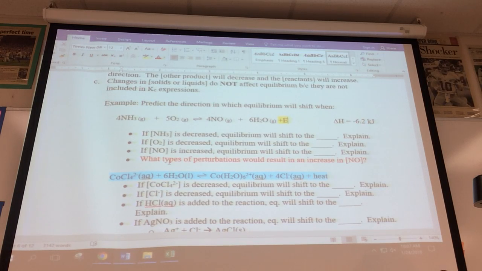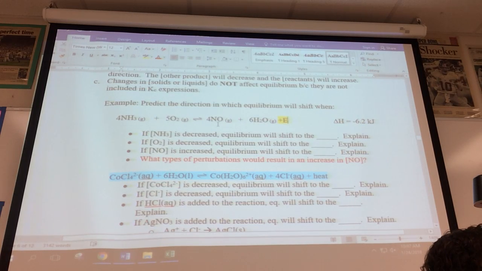If oxygen concentration is decreased, equilibrium will shift to the left to replace the O2 lost. Should we say O2 lost and not perturbation? Nah, keep it simple. All right. If NO is increased, equilibrium will shift to the left.